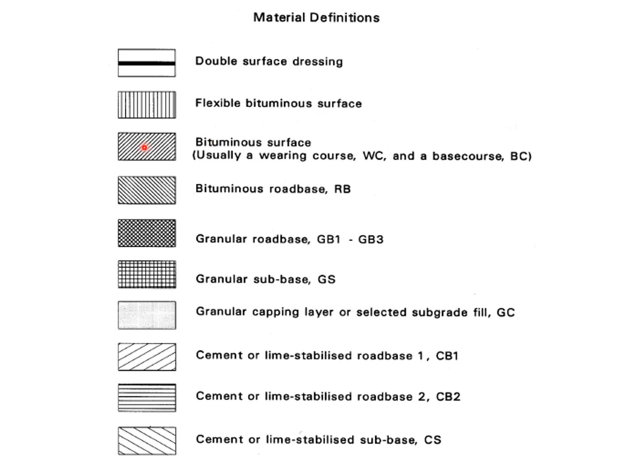And this one you can see is the bituminous surface, usually a wearing course and an asphaltic base course. That means the most rational or the most important type of surfacing is this one. Similarly, you can see the other legends.